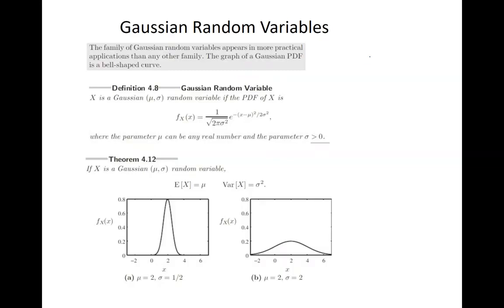The Gaussian PDF has this form, and we use this representation, Gaussian mu sigma, where mu is the mean value and sigma is the standard deviation.